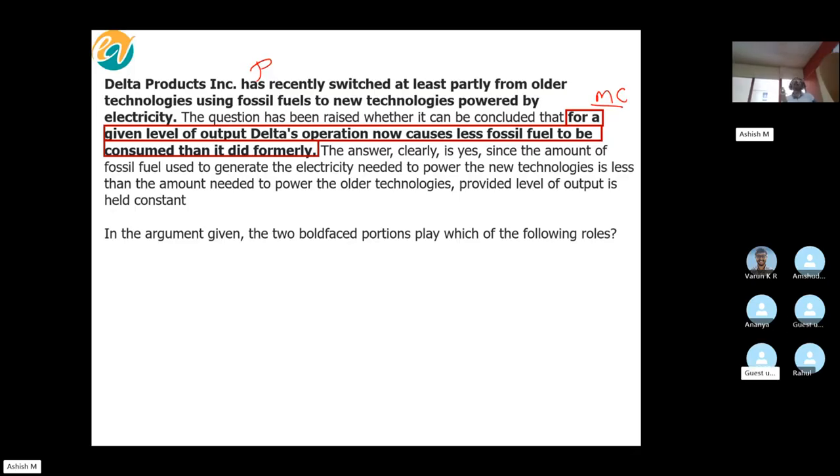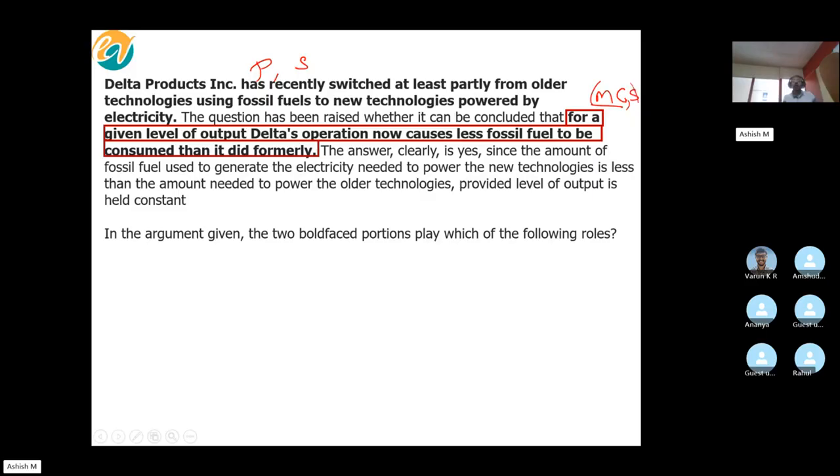See if you can figure out whether each boldface is supporting or opposing the main conclusion. Tell me the first boldface, is that supporting or opposing the main conclusion? Clearly, it's not opposing. So let's say S, which is supporting. Second boldface is anyway the main conclusion. So obviously, main conclusion will support itself.